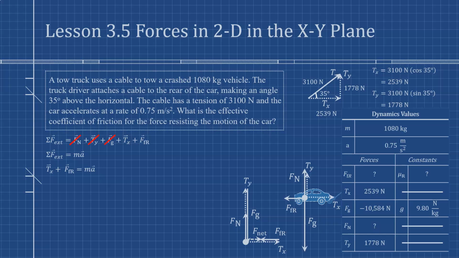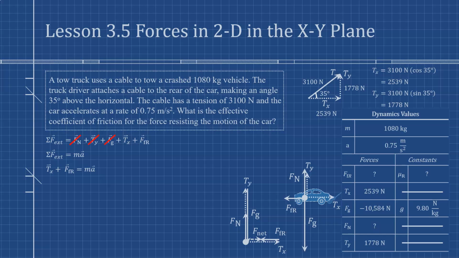And notice I'm going to use my x dimension forces exclusively because my y dimension forces cancel. So that's why I crossed those off for now. I'm not going to account for them in my forces that are actually contributing to the horizontal acceleration of the car. I'm only going to use my horizontal forces for that.